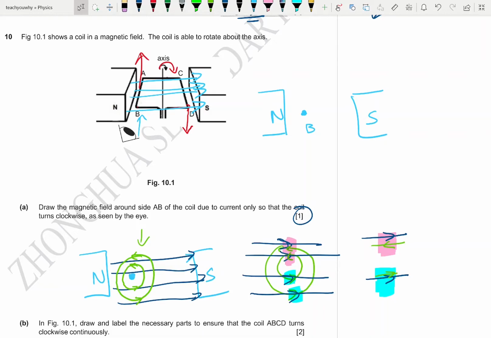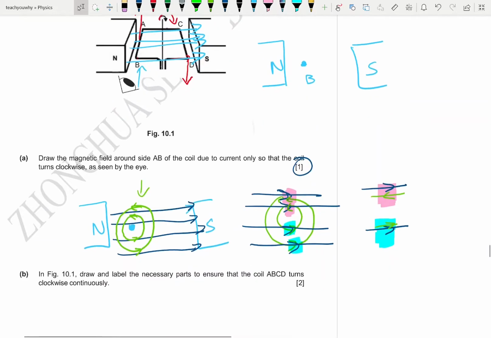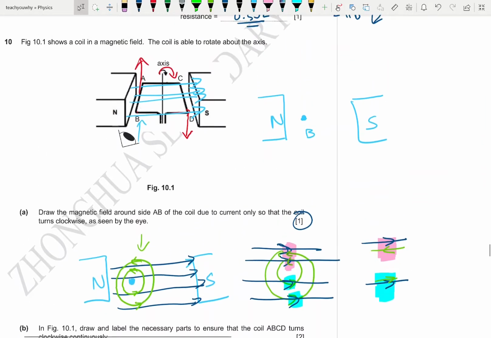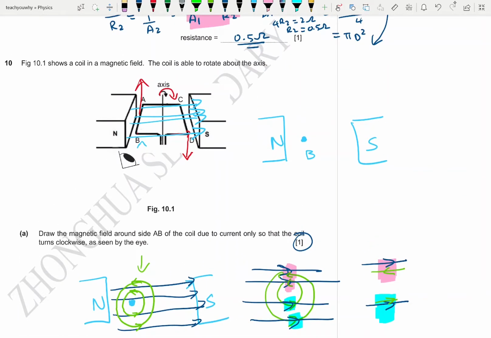Okay, moving on. Draw and label the necessary parts to ensure that coil ABC turns clockwise continuously. Okay, this question is quite straightforward. You can find this in your textbook, but I'm just going to draw it anyway. So first you need your split ring commutator, and then you need your carbon brushes.